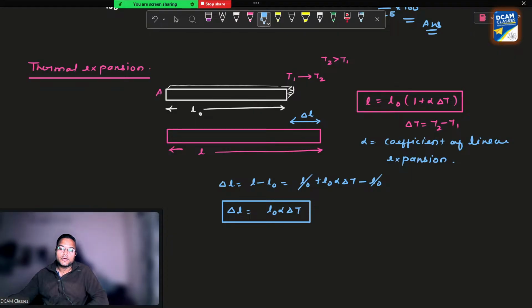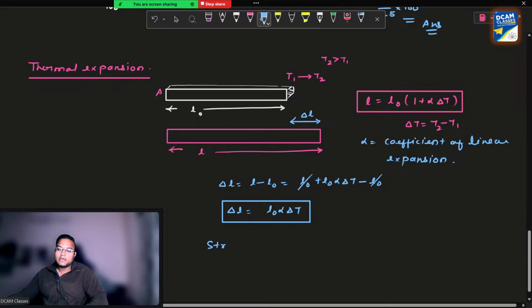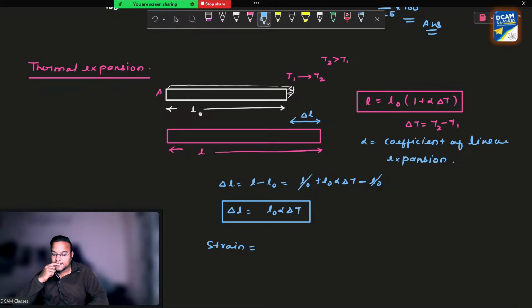Now, when we are talking about problem solving, one more thing I'll tell you. You must have heard about the term strain. Do you know it, Haripriya? What is strain? It's the change in dimension produced.